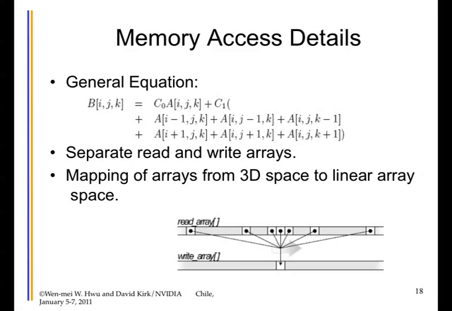It's these 7 memory accesses, and then you do a linear combination. In this particular application, the constant used to multiply all these values is actually the same, so you'll have even fewer floating point operations per memory value you fetch.